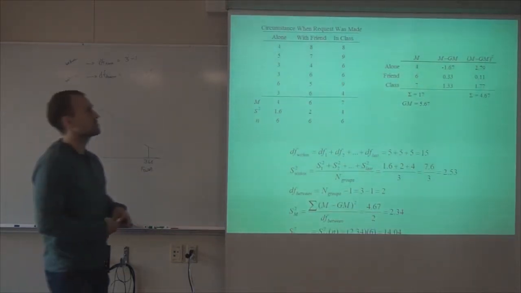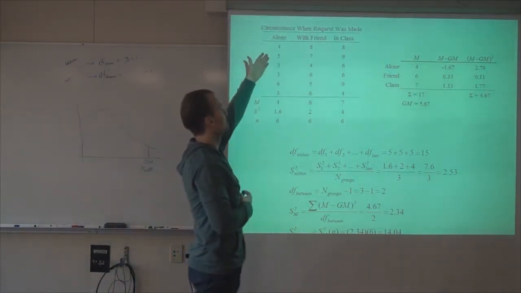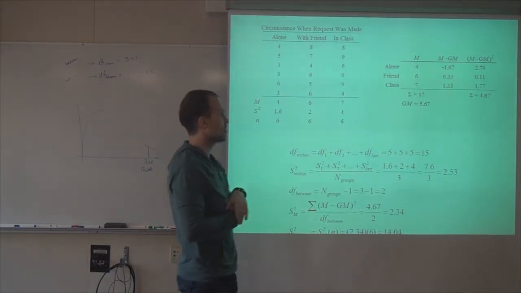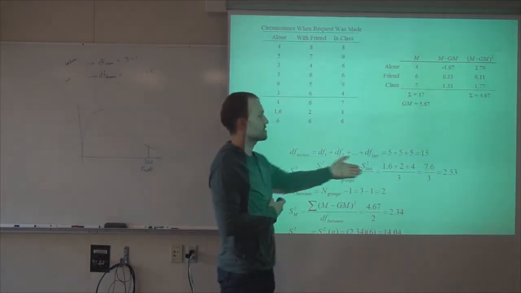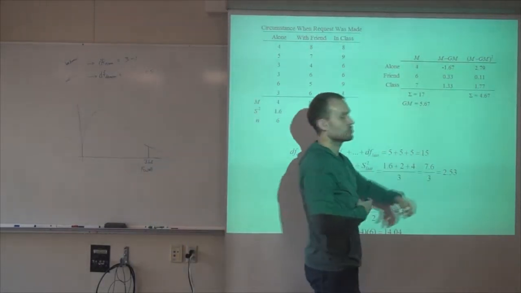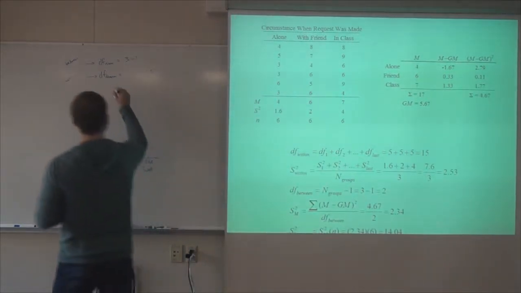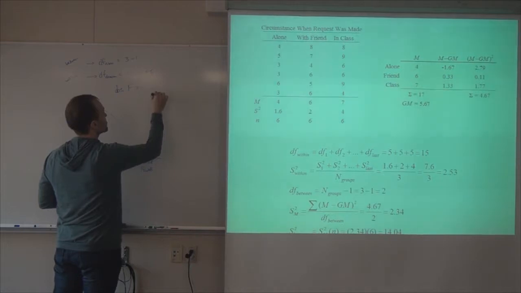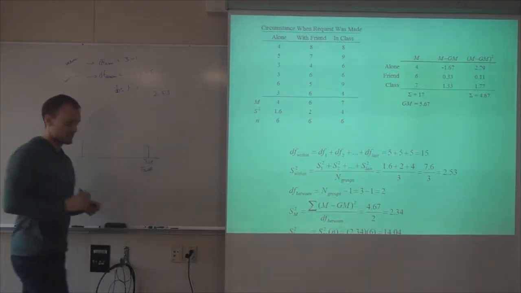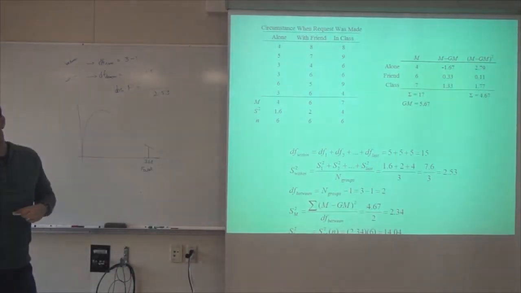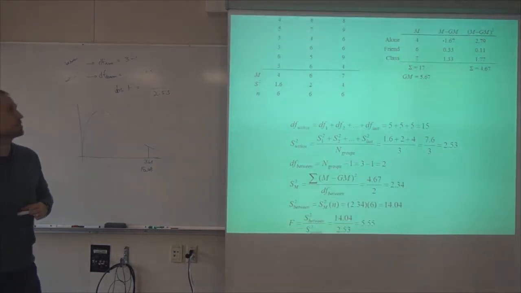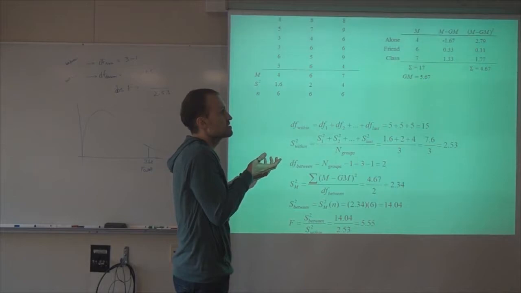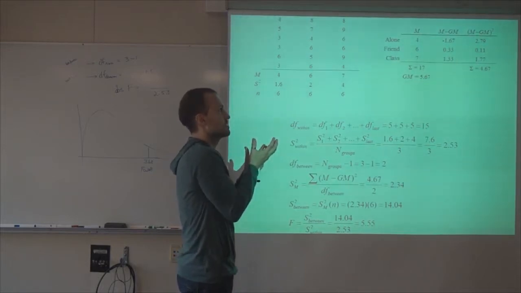Well, I have my sample values here. Calculate the variance for each one, same as we've done many times before. Average them out to get 2.53. So my observed F is going to be over 2.53. The between groups estimate is a little more difficult. There I'm going to look at the means. So I have 3 means. See that as a sample.